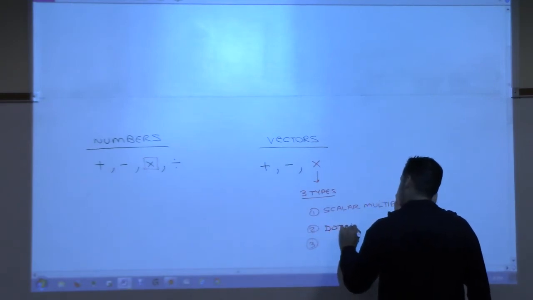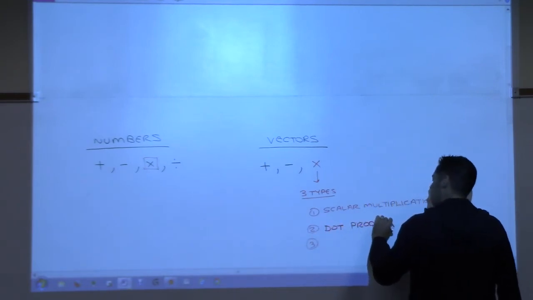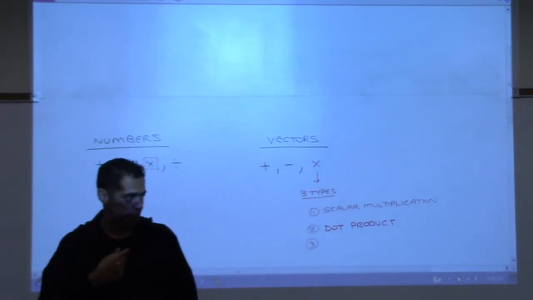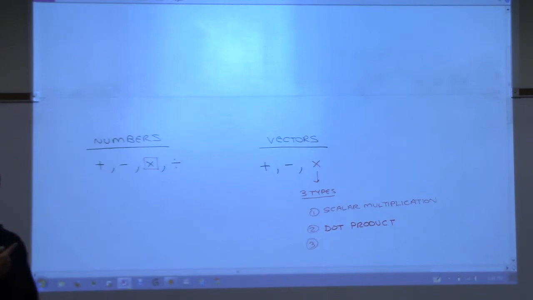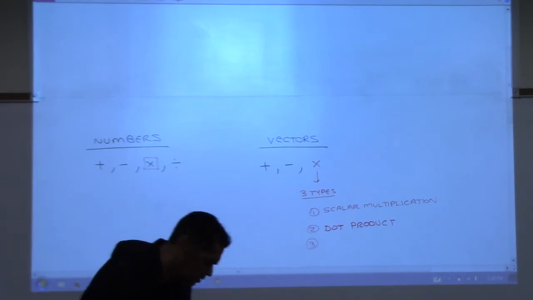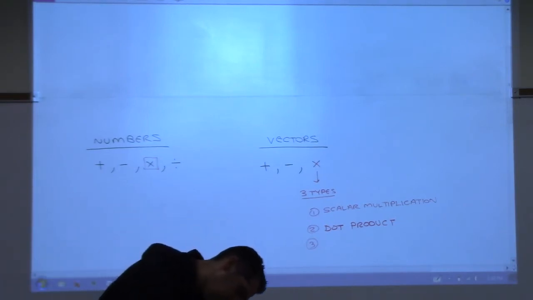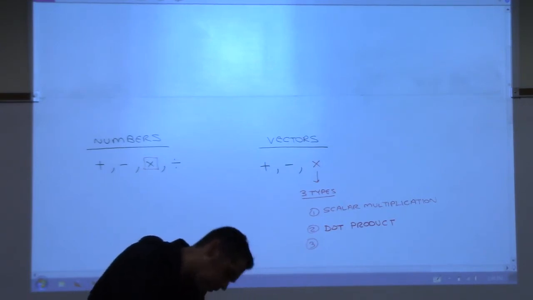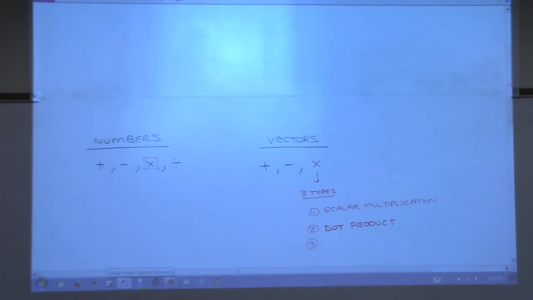Dot product. This is coming out of section 10.5, the dot product. We aren't even going to talk about the dot product right now. Yeah, we will do the dot product next week.